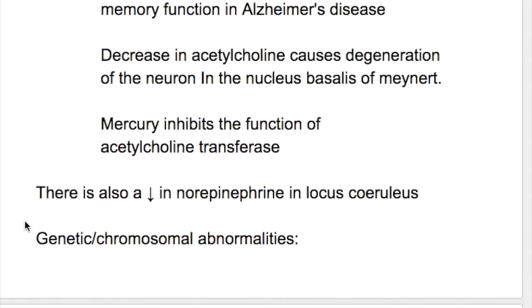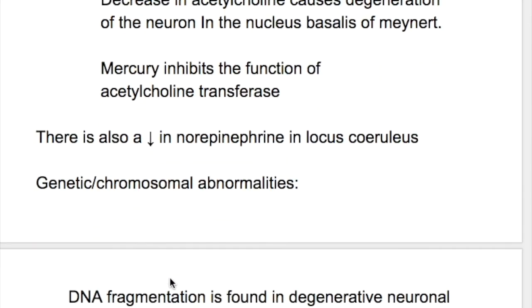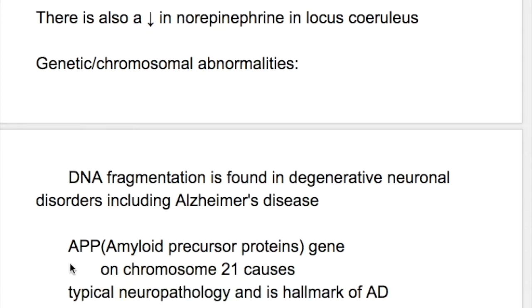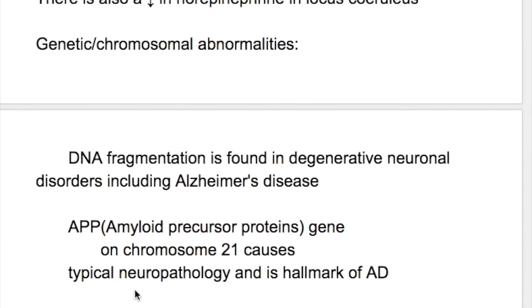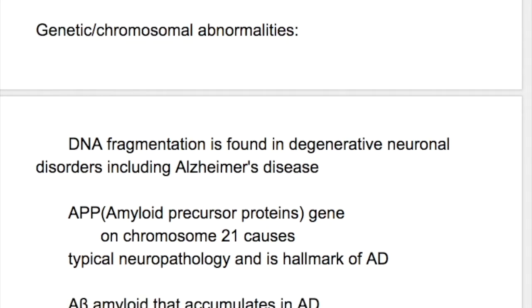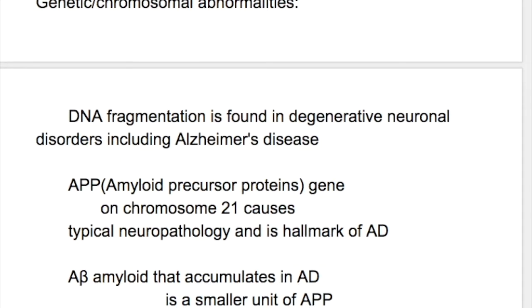And what are the genetic and chromosomal abnormalities in Alzheimer's disease? DNA fragmentation is found in degenerative neuronal disorders including Alzheimer's disease. The APP, amyloid precursor protein gene on chromosome 21, causes typical neuropathology and is a hallmark of Alzheimer's disease. A-beta amyloid that accumulates in Alzheimer's disease is a smaller unit of APP.